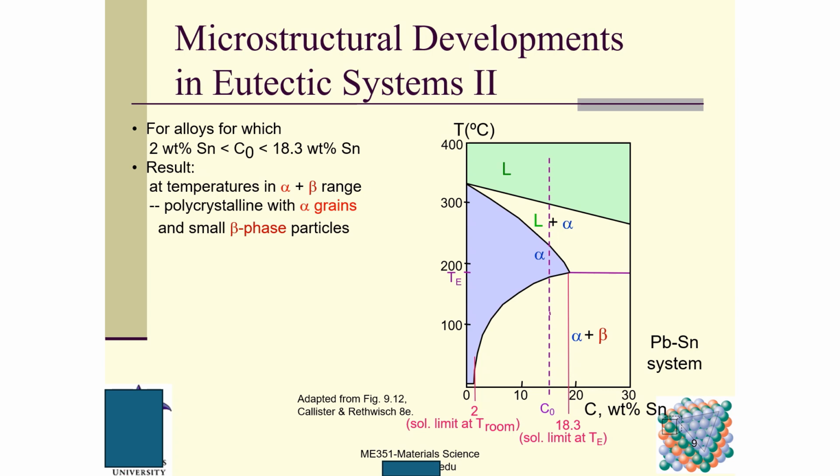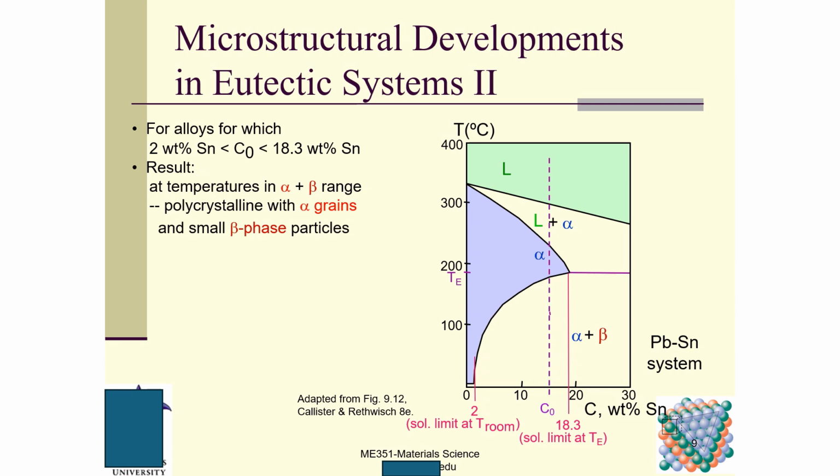For the second case, we have a different composition, a little bit farther away from the y-axis. For example, when the tin is less than 18.3% but greater than 2%, from here to here, what will happen?